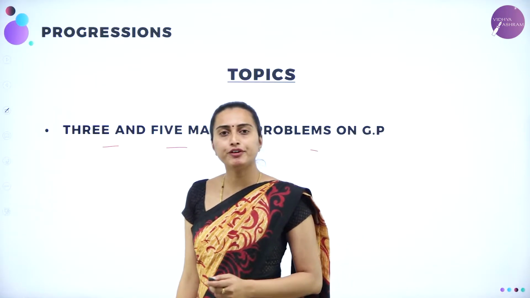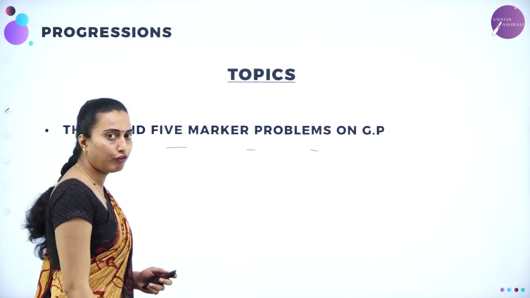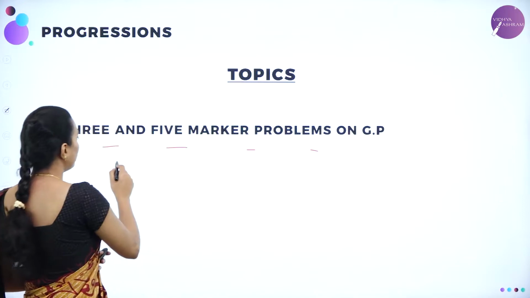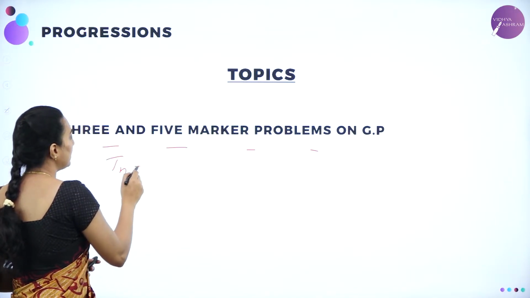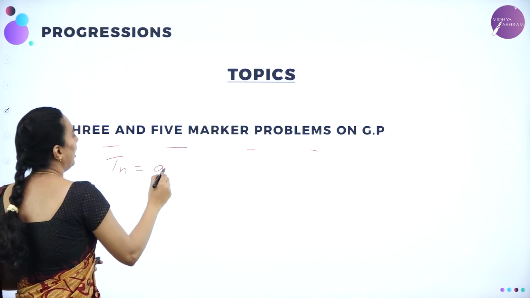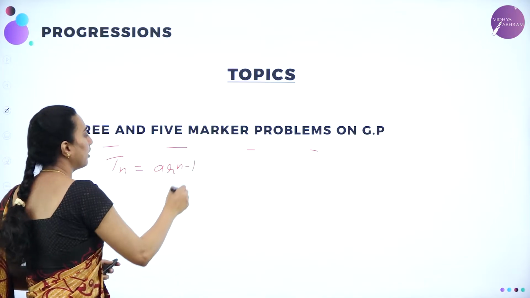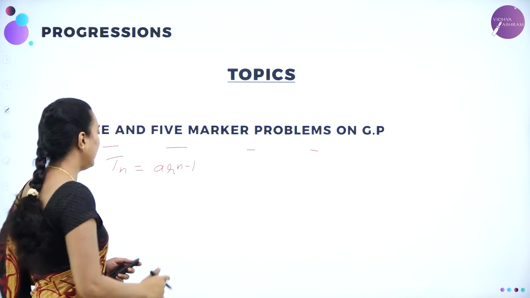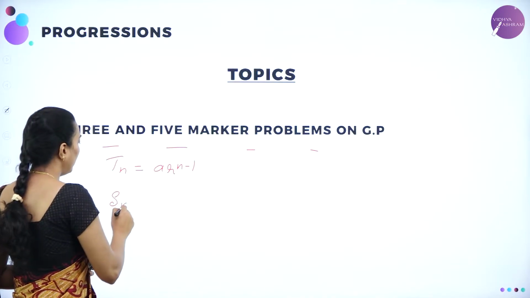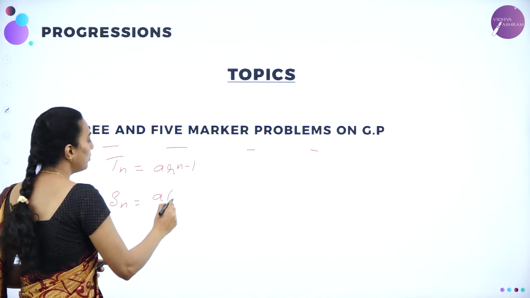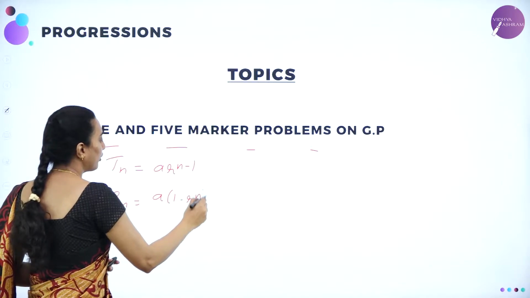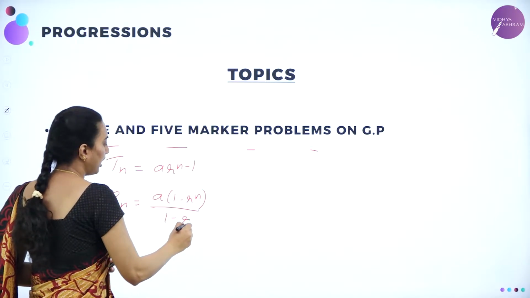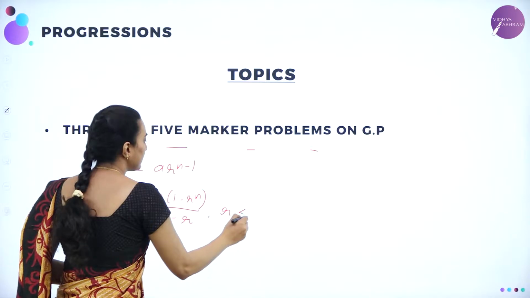Now, before moving on to that, I am going to give you the formulas of a GP. Nth term of a GP is given by Tn is equal to AR to the power of n minus 1, where A is the first term, R is the common ratio. And then Sn is given by the formula A into 1 minus R to the power of n divided by 1 minus R when R is lesser than 1.